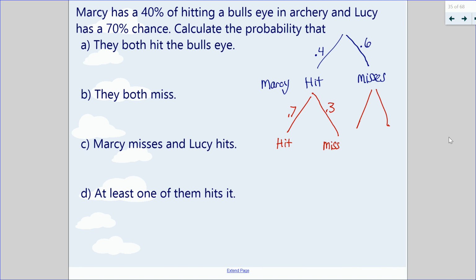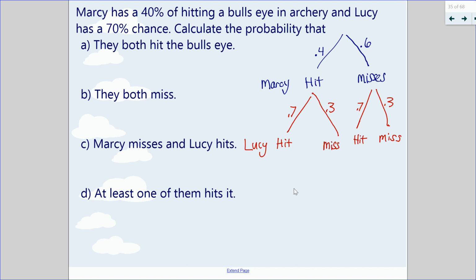And again, I'm writing these in decimal form. And this is Lucy going to the dartboard. So again, it's compound probability because I have two different events, Marcy going to the dartboard, Lucy going to the dartboard, and it's called a tree diagram because each of these are called branches.